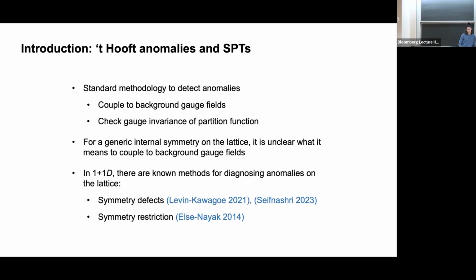There's some standard methodology for detecting anomalies, especially in a continuum. The basic idea is that we couple the system to some background gauge fields and then check to see if the partition function is gauge invariant. If it's not, then that indicates the presence of an anomaly.